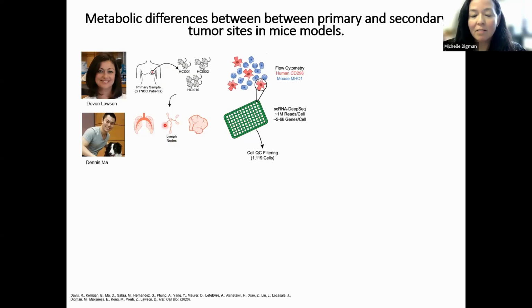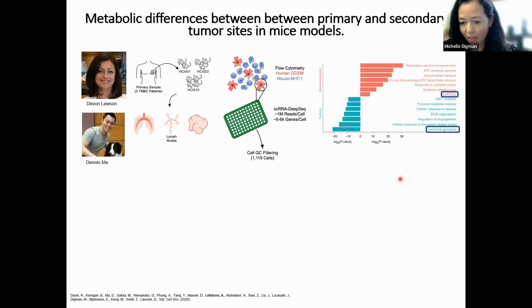They then isolate these organs, use a flow cytometer to isolate the human cells, and then perform single cell RNA-seq to see what genes have gone up when they metastasize to these distal parts.